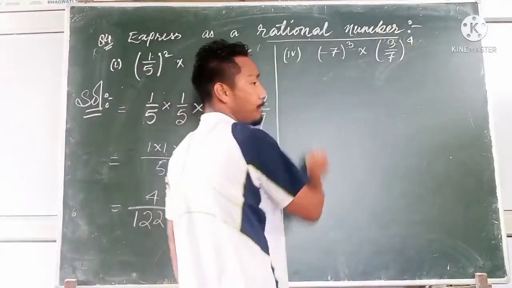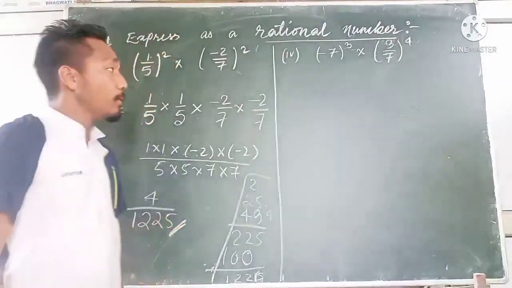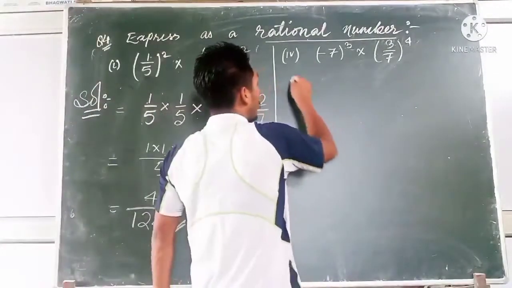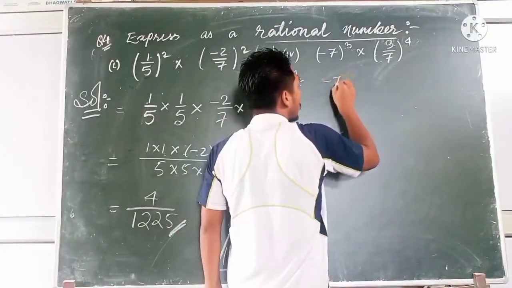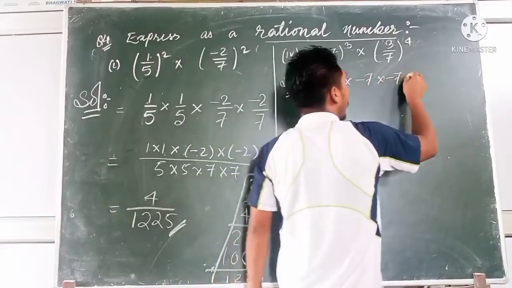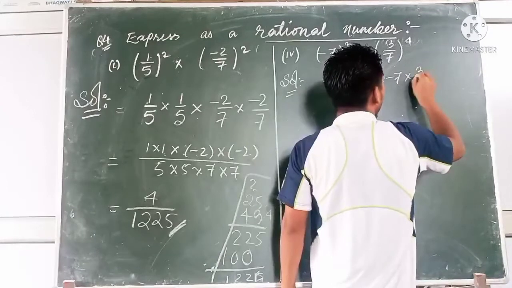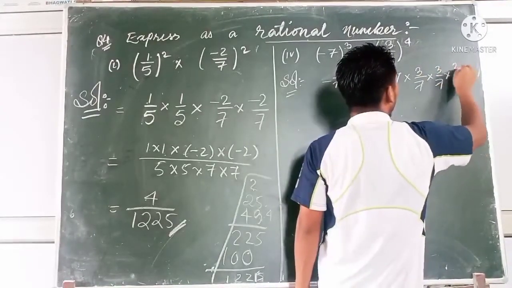So similarly, if I solve question number 4, here you see question number 4: (minus 7) cubed, that means I have to multiply minus 7 three times, and (minus 3 by 7) to the power 4, that means four times, because the power is 4.